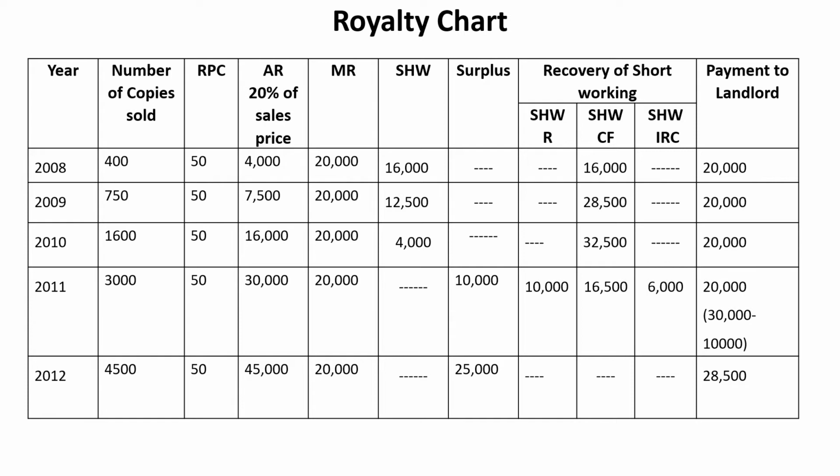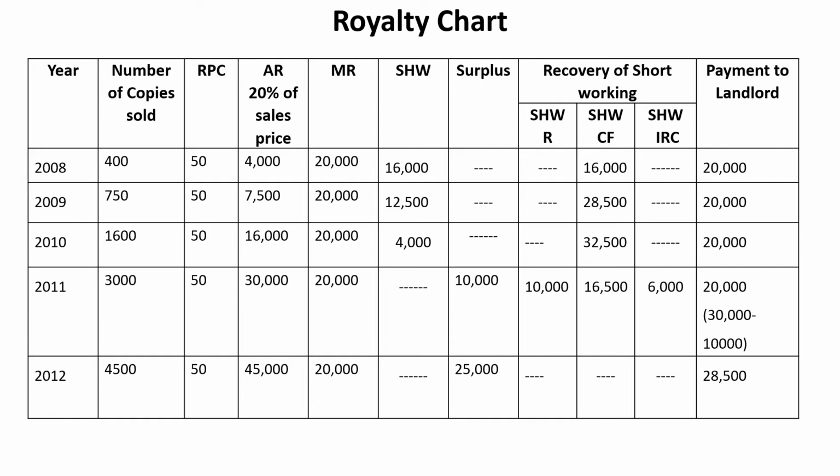So total short working carried forward is 2008's 16,000 plus this year's 12,500, which gives 28,500. The final payment made is rupees 20,000, based on whichever is more when comparing actual royalty and minimum rent.